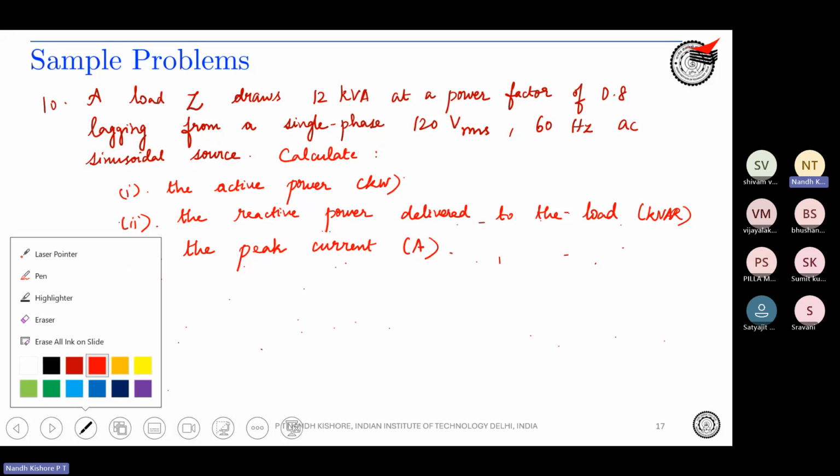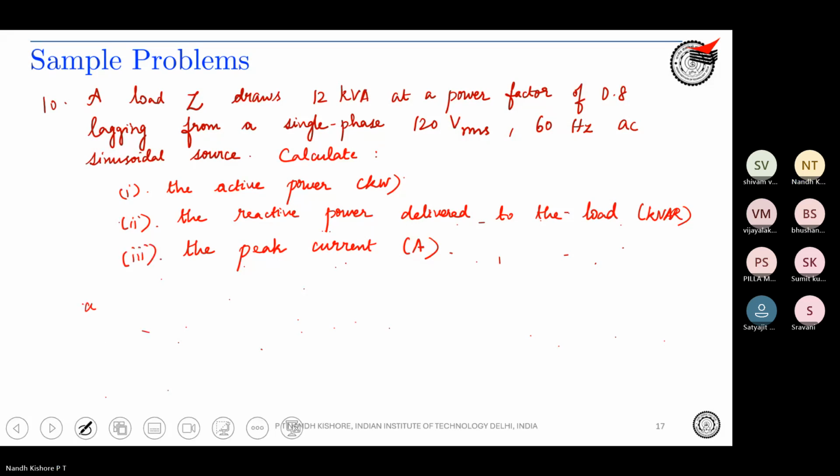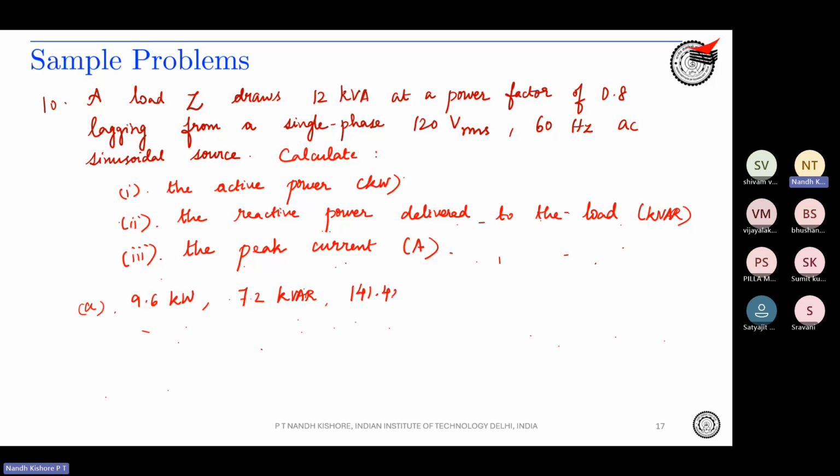They have given you 4 options. 9.6 kilowatt, 7.2 kVAR, 141.42 amperes.